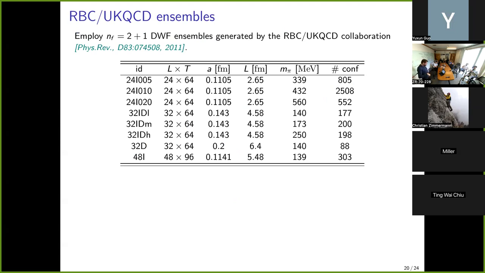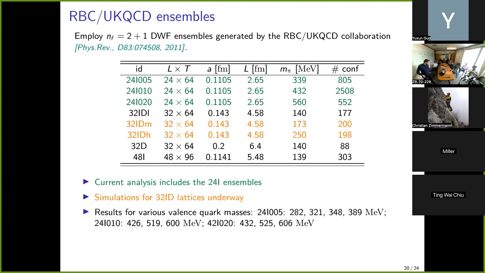These are the gauge ensembles that we use for our lattice calculation, and they have been generated by the RBC/UKQCD collaboration. The important thing is that we have different sea quark masses here, which are defined by the gauge ensembles.